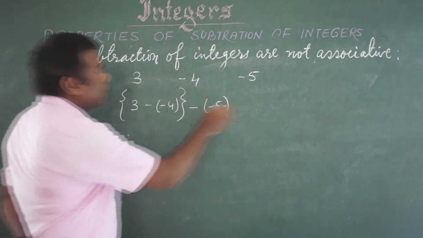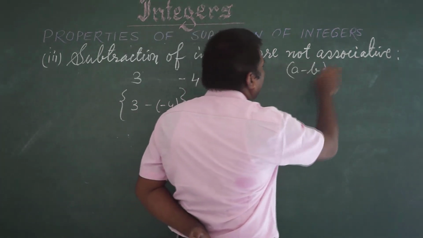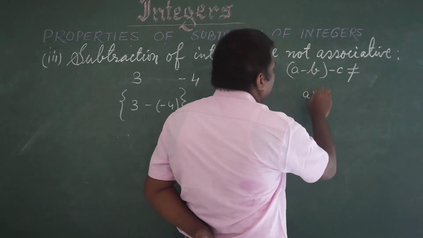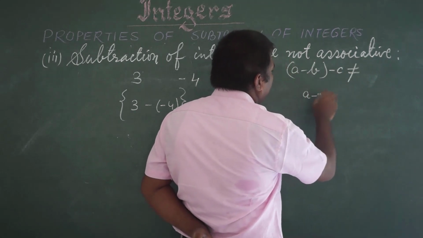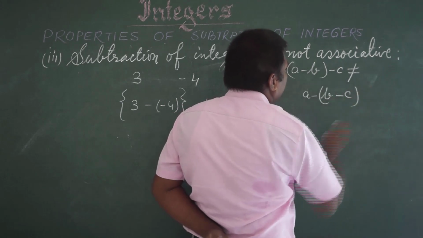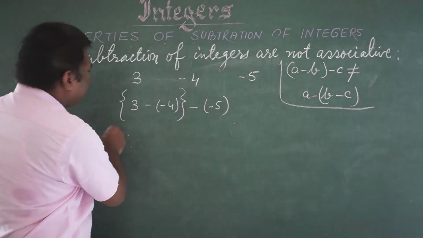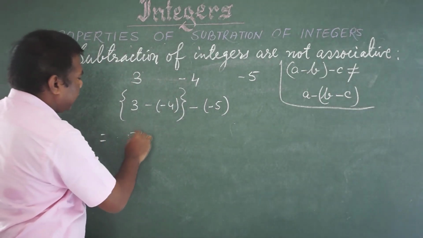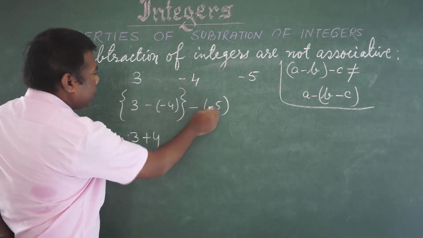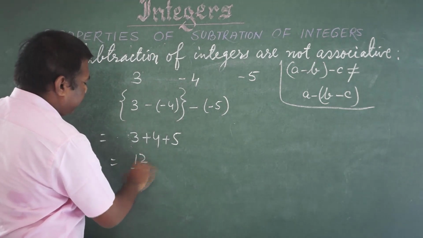So (a minus b) minus c should not be equal to a minus (b minus c). How will it be done, you see. If you solve this, what will you get? 3 minus minus is plus 4, and minus minus is plus 5, it means 12.